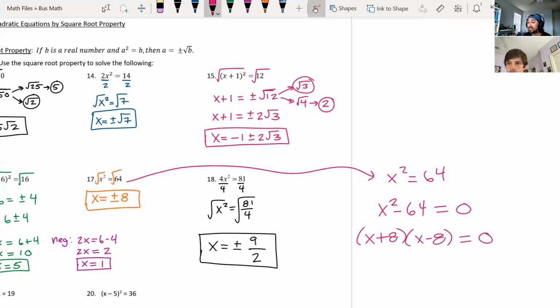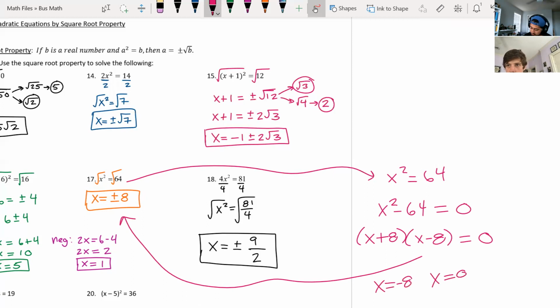And if you set these equal to 0, well, we arrive at the same answer of x equaling a positive 8 and a negative 8. So different methods, same answer.